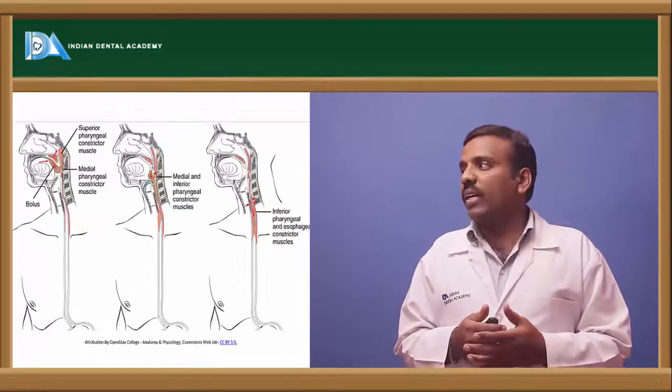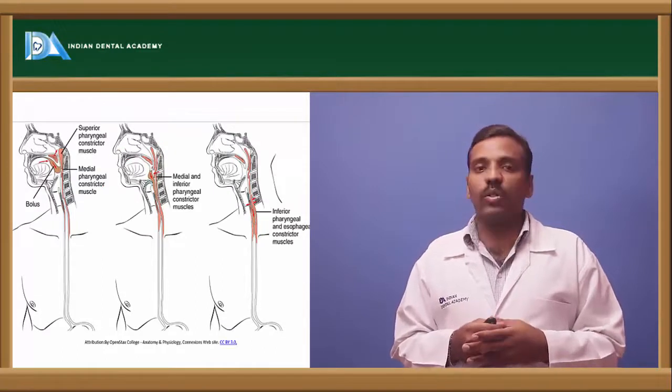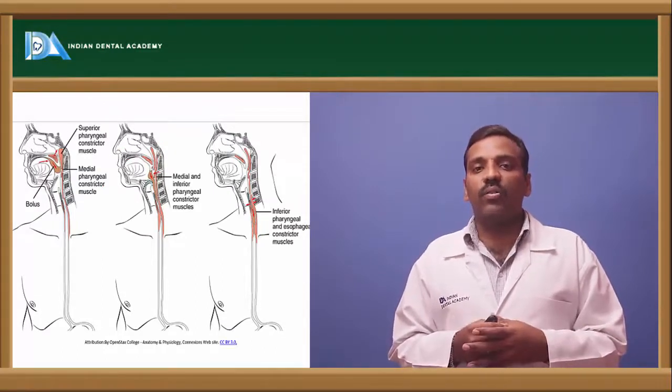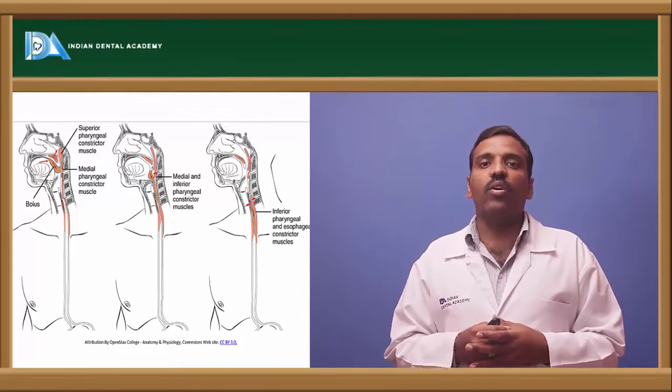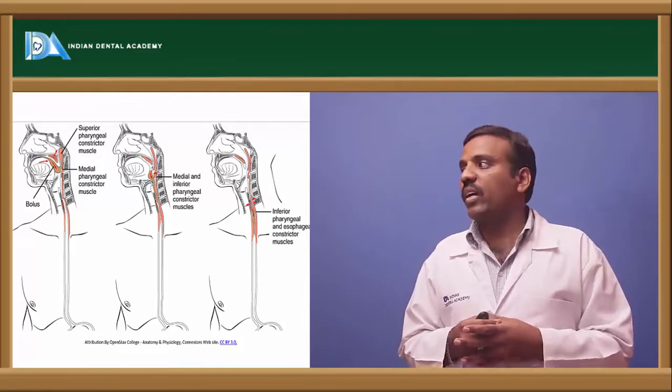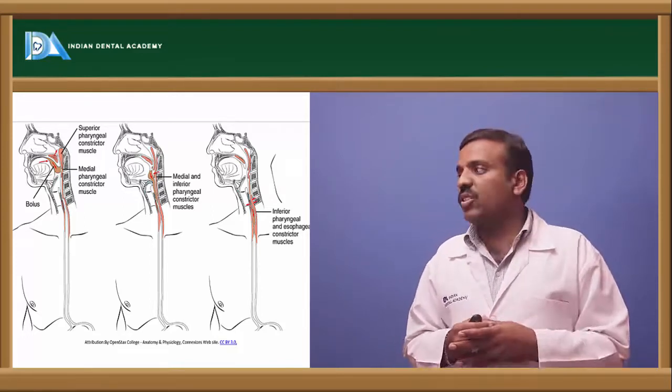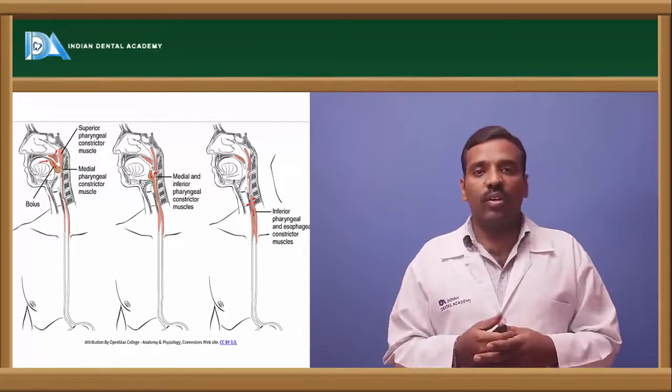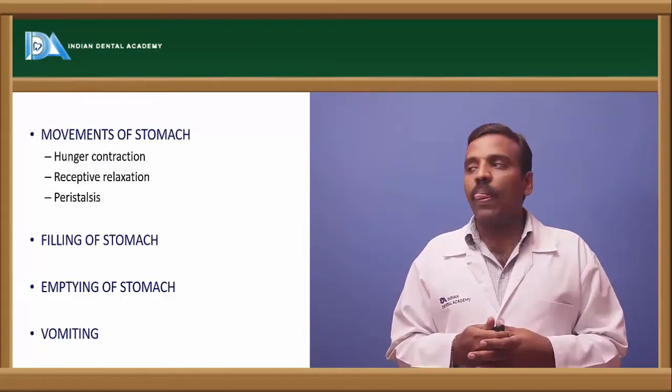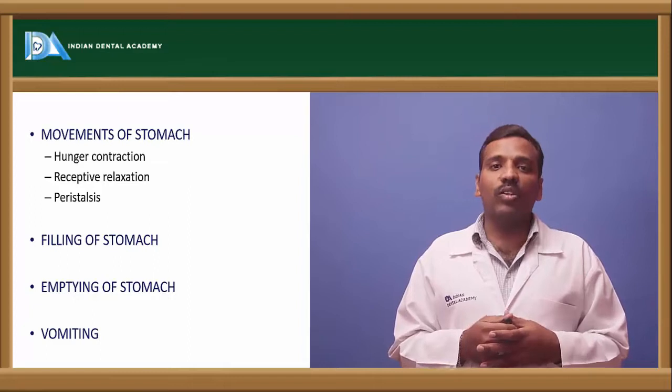If you see this diagram, we will come to know the three phases: the oral phase, the pharyngeal phase, and the esophageal phase. And the next one is the movements of the stomach.